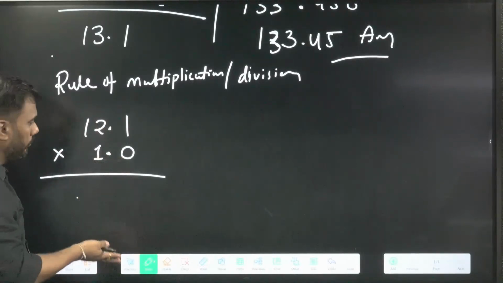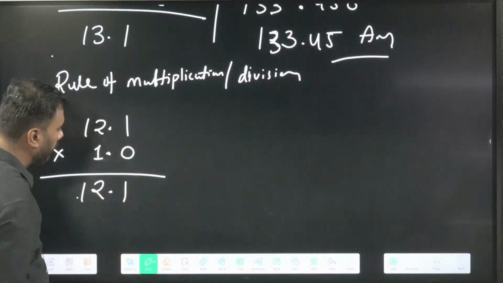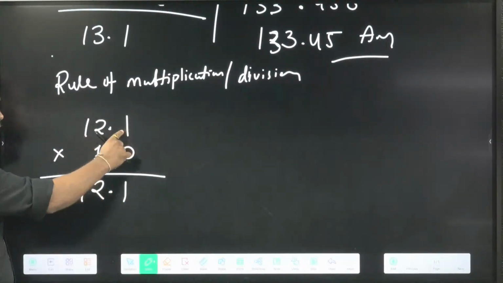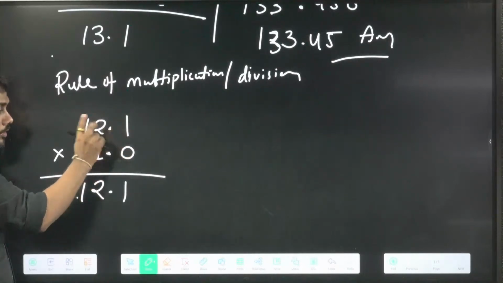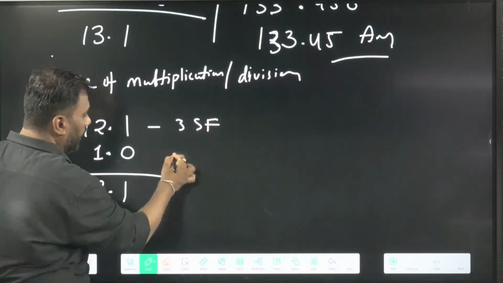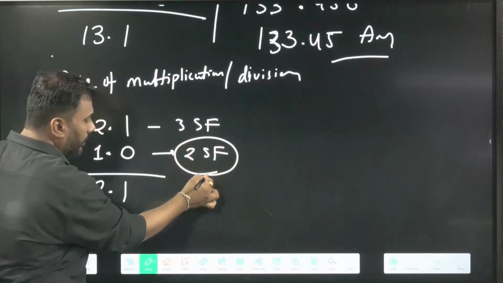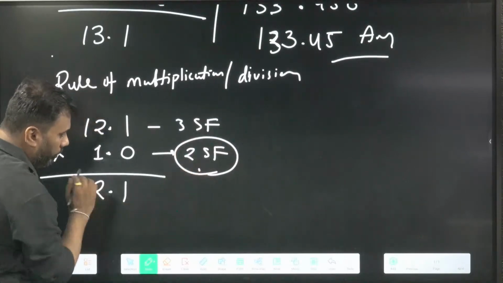1.0 is like 1. So if I multiply this, I will get 12.1. The first number contains 3 significant figures. The second number contains 2 significant figures. So whatever is the least number of significant figures, that many will be in your answer.